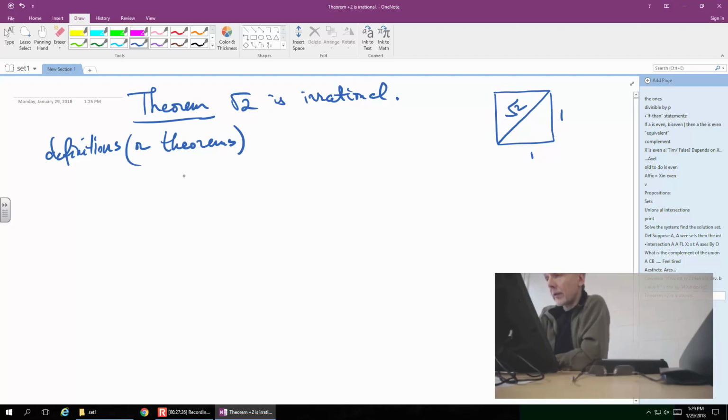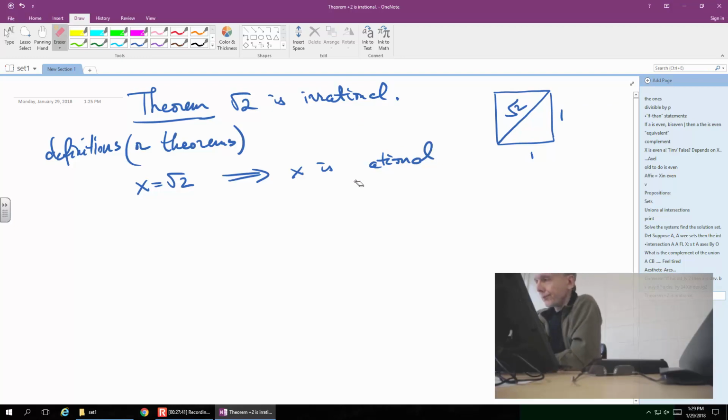So let me first state it this way, slightly more logical. If x is equal to square root of 2, then x is irrational. Okay, so we have to then state the definition of irrational. What's the definition of irrational?